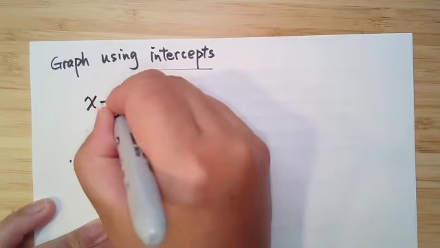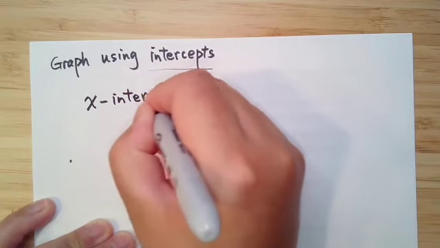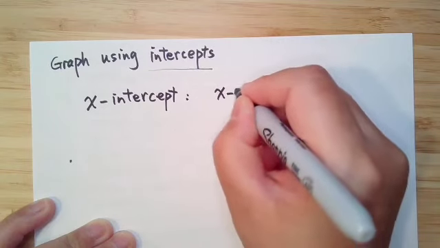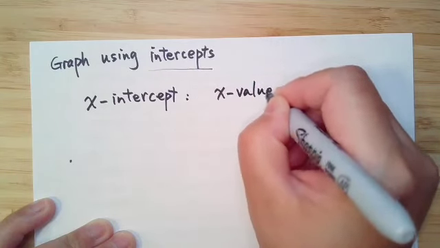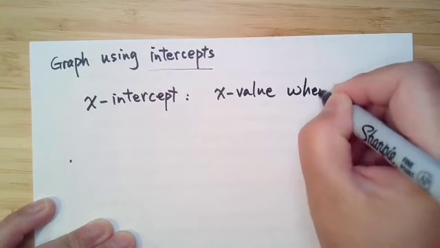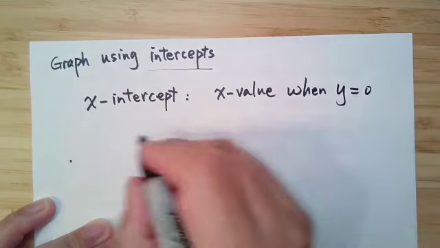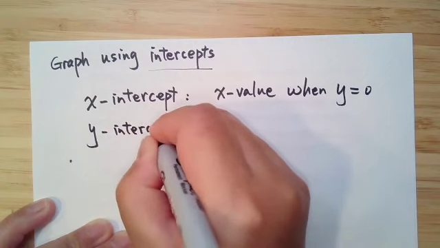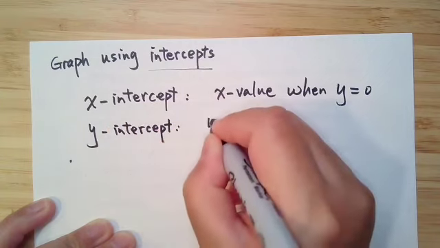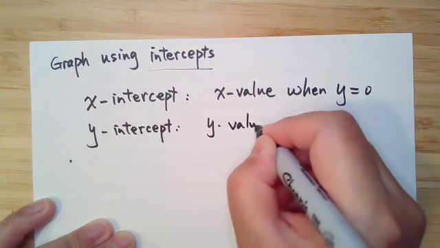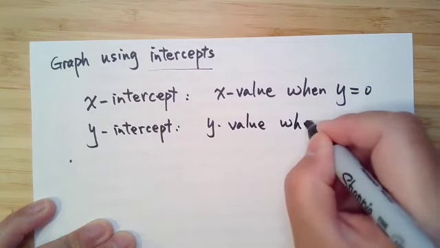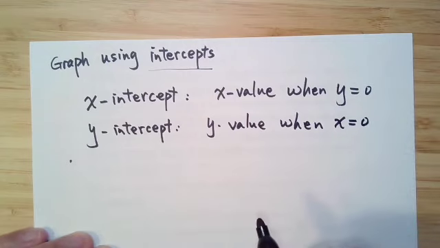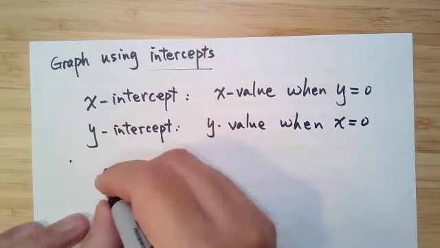The x-intercept is the x value when y equals 0. Of course, the y-intercept will be the y value when x equals 0.